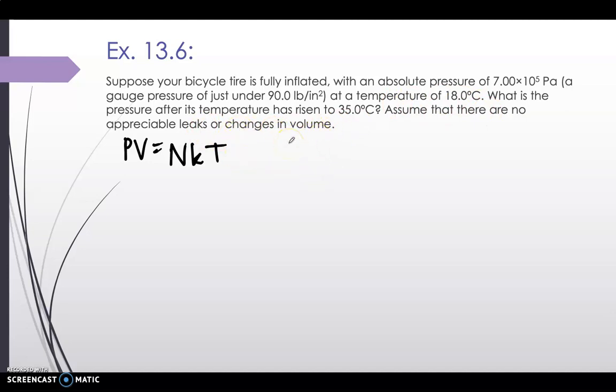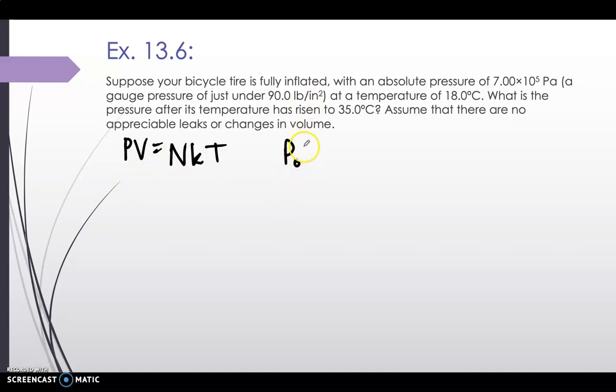So what we're going to do is compare the ideal gas law equation before and after the temperature has risen.